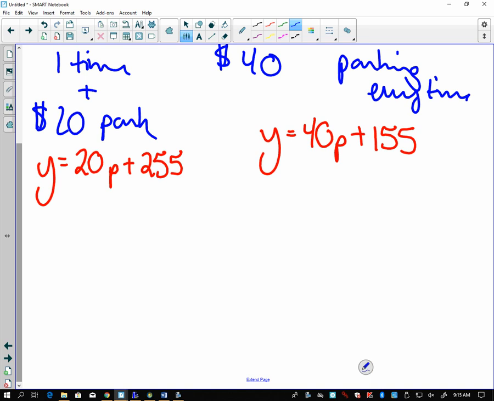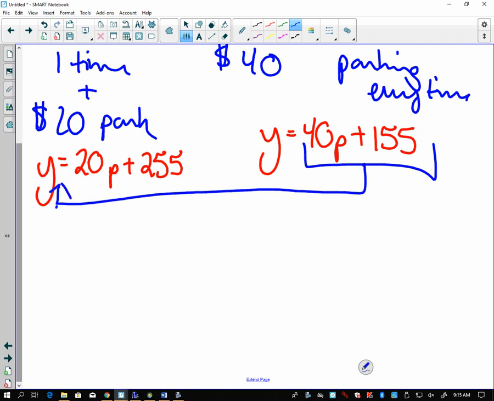Not y equals, remember we're substituting for y. We're substituting for y. All right, so do you see how over here y equals 40p plus 155? Y equals that. Could I substitute that in for this y? Yes?